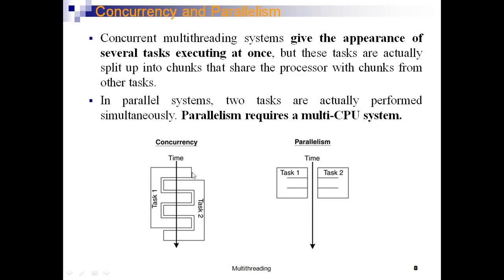So in concurrency, if task 1 is going on, at the same time task 2 will also start. That means if one assistant is trying to bring the screwdriver, another assistant may go for cleaning the fan and try to remove the fan. When the first assistant brought the screwdriver, the second assistant may try to remove the fan.